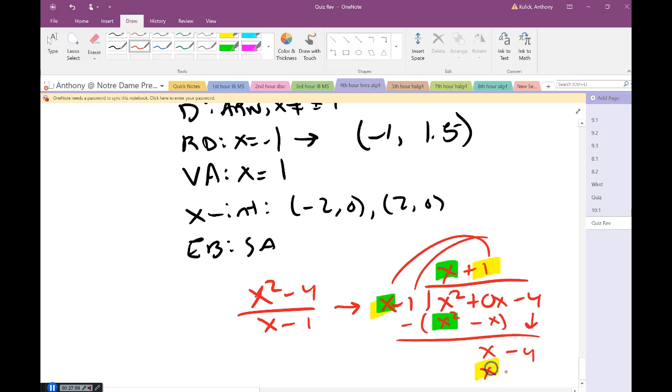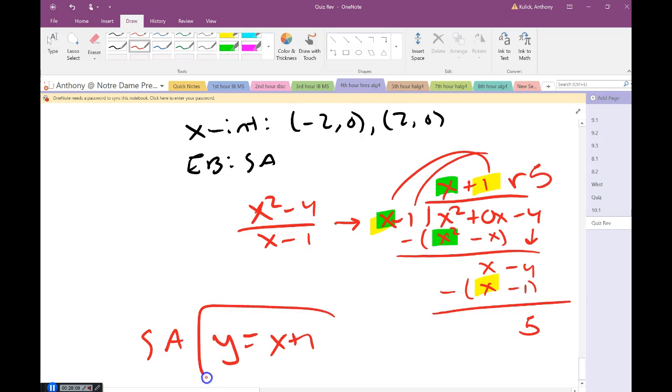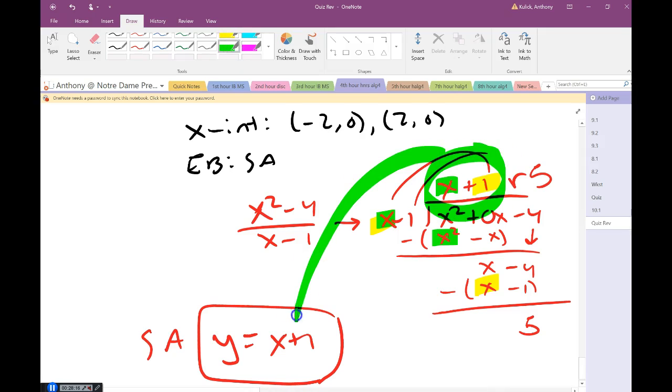So I distribute that over, and then subtract down. So my slant asymptote then is y equals x plus 1. So it's just the quotient from this polynomial division.